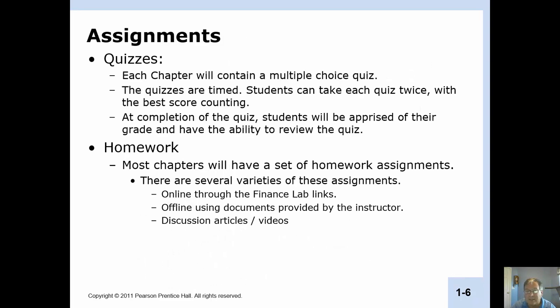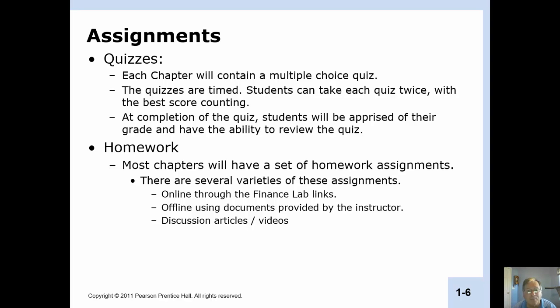The quizzes, again, each chapter is going to have a quiz. The quizzes are timed. The students, it says here you can take it twice. Let's just do that once. That's a misprint. We're just going to take one quiz. Each time you'll be able to take it one time.